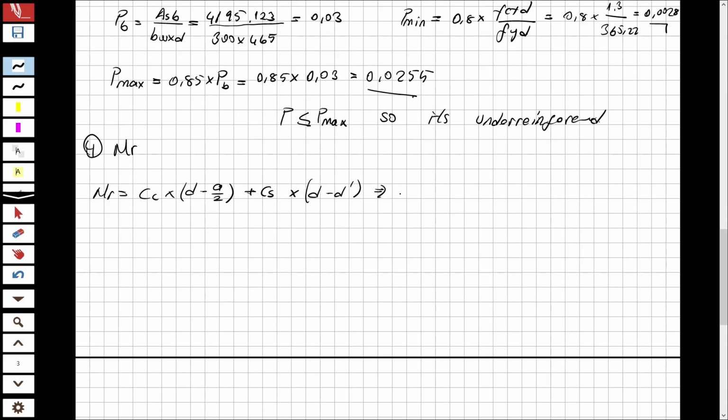So let's write it. I'm going to write it first here. Okay. So 0.85 multiplied with the design strength of the concrete, multiplied with 300, and multiplied with also a. What is a? Sorry, what is a? a is here.